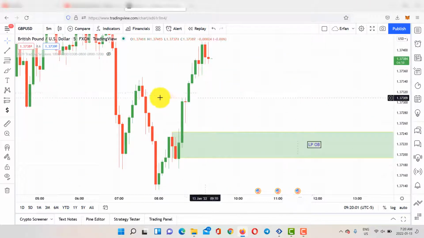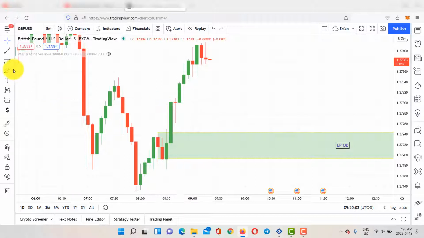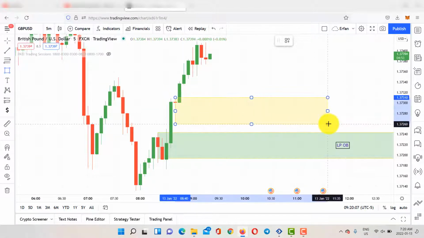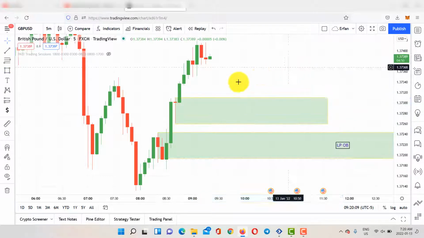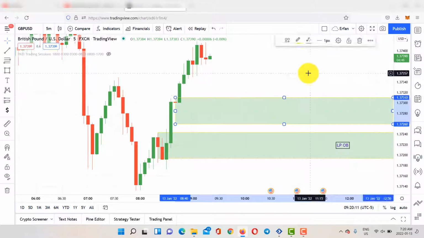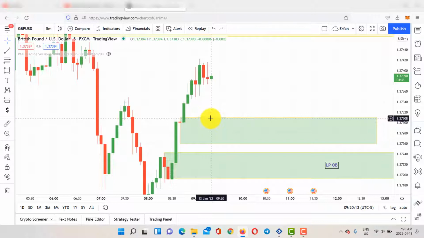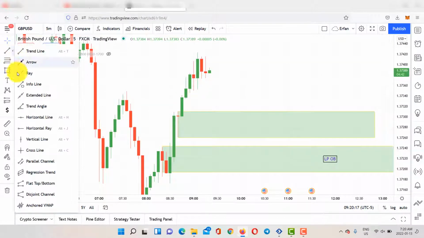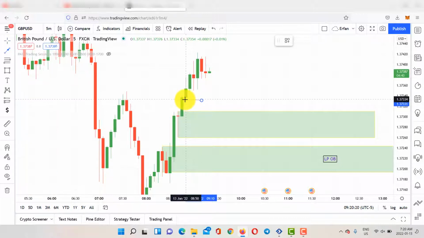But if I'm not wrong, this is a red candle. And after that the price kind of went up and left a little bit of gap here. See, so there's a potential that the price comes to this level. It left a little bit of gap exactly from this area to this area.